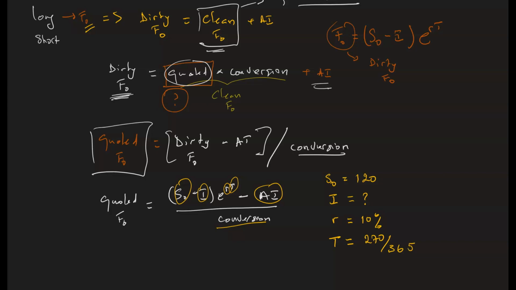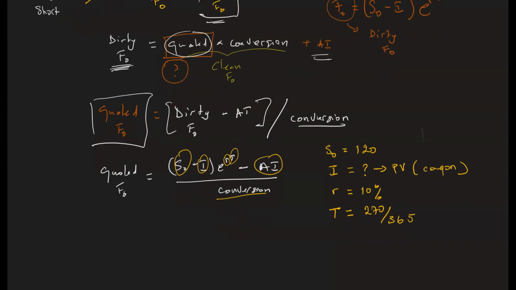All right, so we do have what we need. The only thing so far that we do not have is the income. And we remember that the income is going to be the present value of the coupon payment that is received during that period. Next, what we need to find is accrued interest.